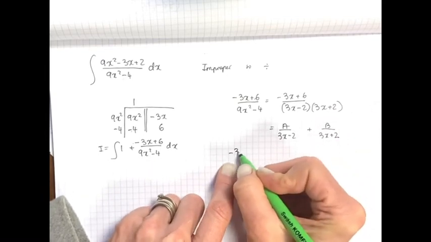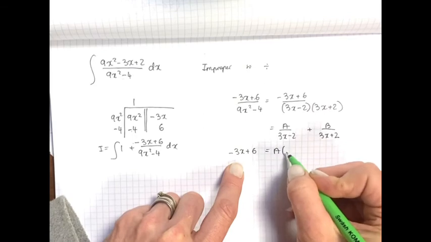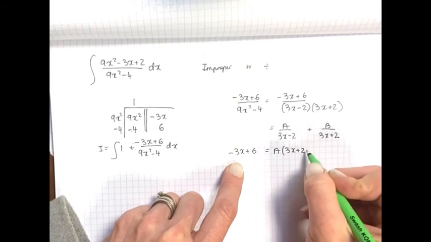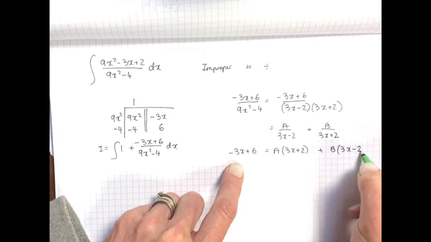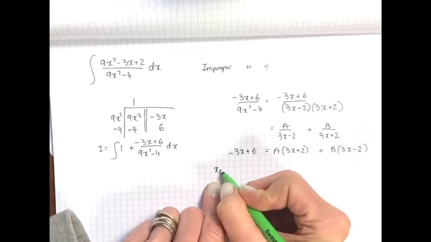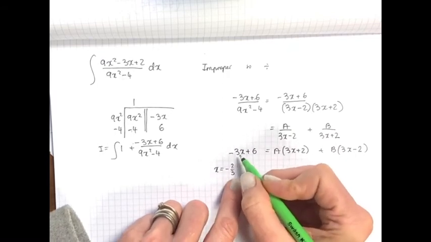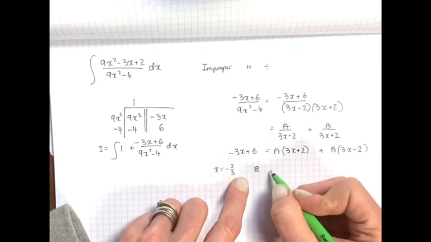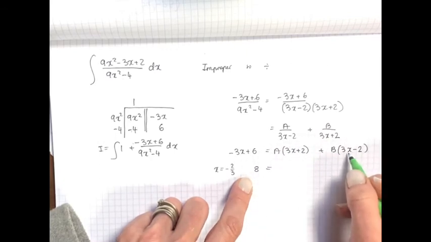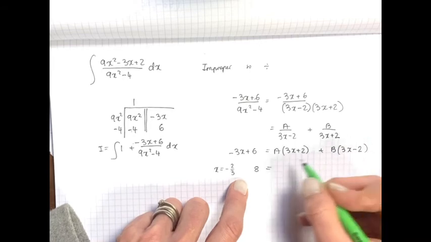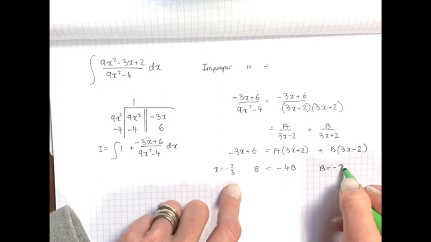So comparing the numerators, a needs to be multiplied by 3x plus 2, and b needs to be multiplied by 3x minus 2. So subbing x equals minus 2/3, that will go to plus 2 and 6, which is 8. That will disappear. This here will give me minus 2 and minus 2, so minus 4b. b will be equal to minus 2.